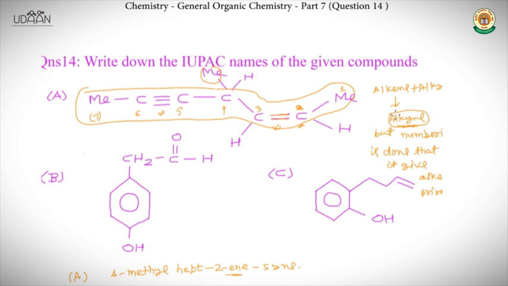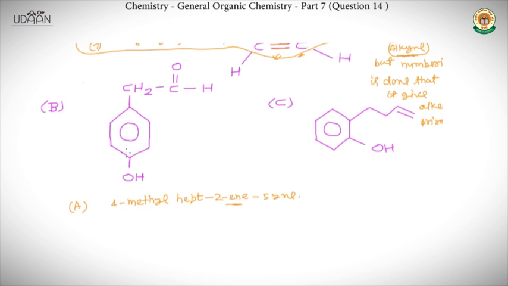For the second part, this is a simple alcohol, phenol, and this is an aldehyde. As we know, aldehyde is given preference over alcohol. So this will be termed as aldehyde, and this will be treated as a substituent. This will be termed as a side chain: first carbon, second carbon, third, fourth.